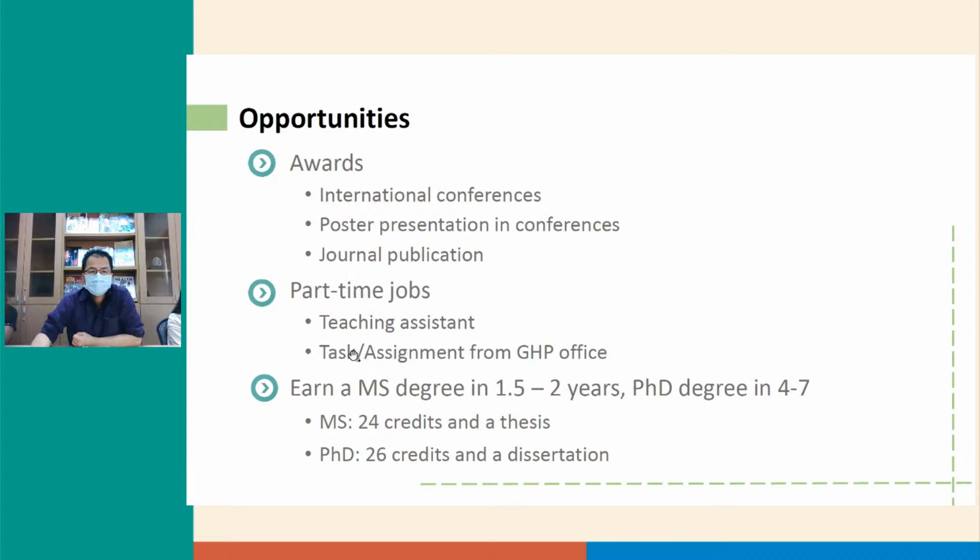If you want to get a master's degree, it will take about 1.5 to 2 years. And the PhD degree should be maybe 4 to 7 years.